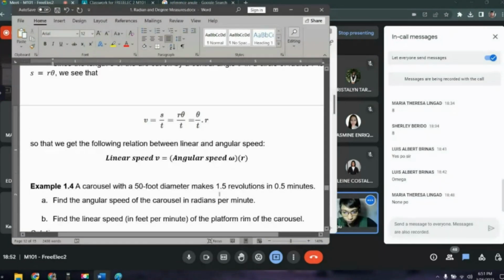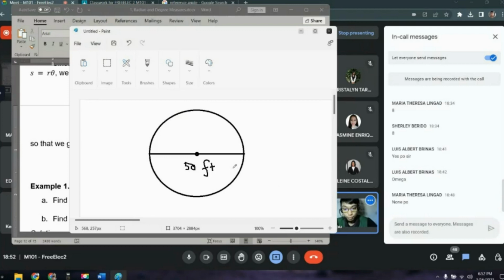Next, 1.5 revolutions in 0.5 minutes. That just means, if this is your initial starting point, if you are positioned here, seated, you can just sweep out from here one revolution.